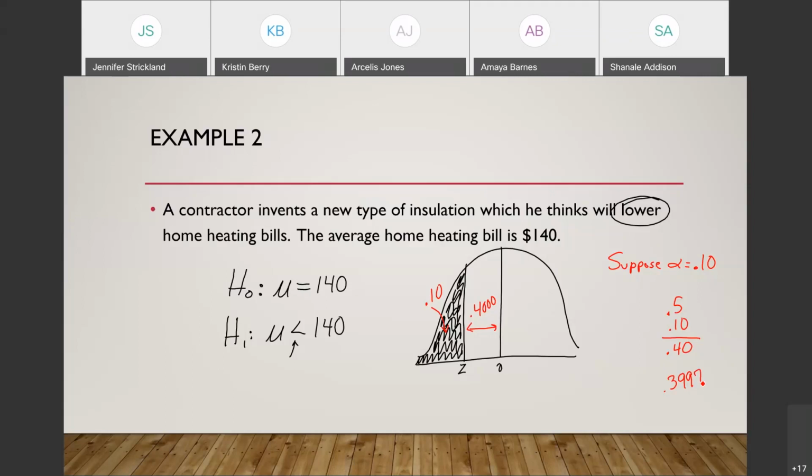We're going to put a negative on it because it's on the left. So that's my critical value there. Okay, everybody okay with this too?